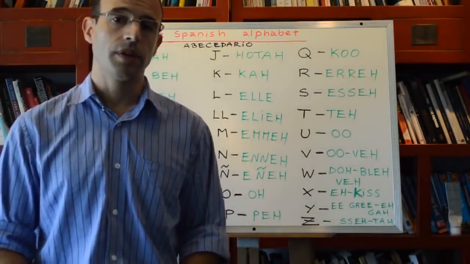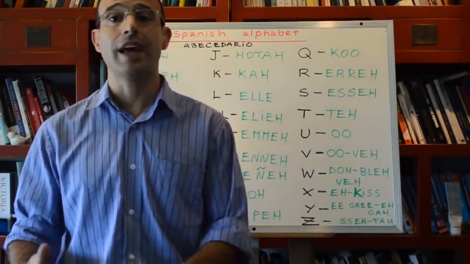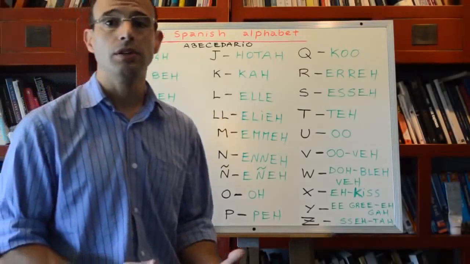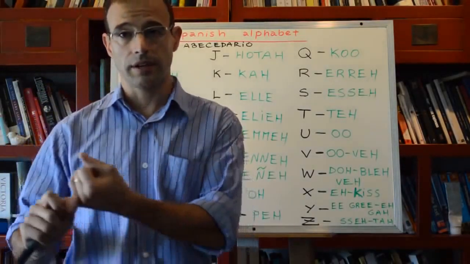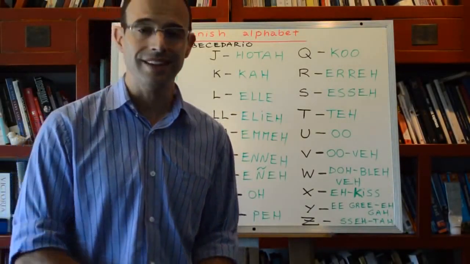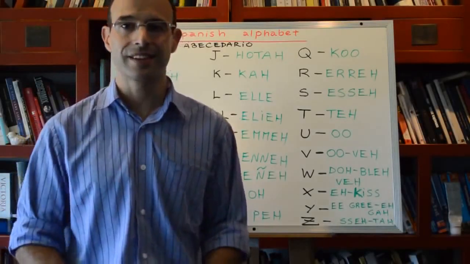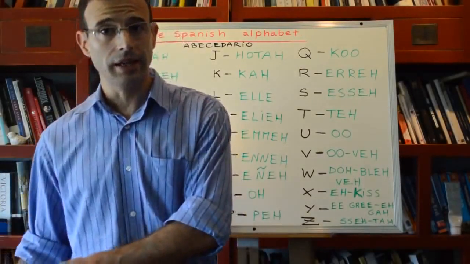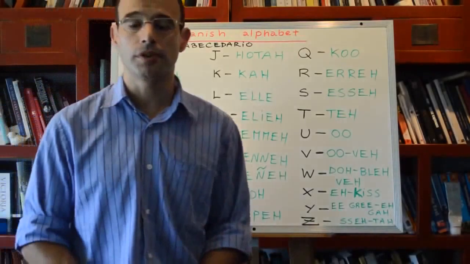It's always the soft S sound, every time you see the letter S, the letter Z, and often the letter C. It's never TH, it's S, in Latin America. In Spain this would be TH, so it's just a matter of pronunciation.